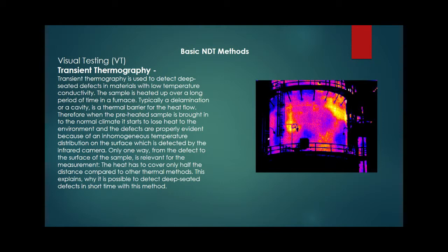Only one way from the defect to the surface of the sample is relevant for the measurement, which is heat. So the heat has to cover only half the distance compared to other thermal methods. This explains why it is possible to detect deep-seated defects in a short time with this method.